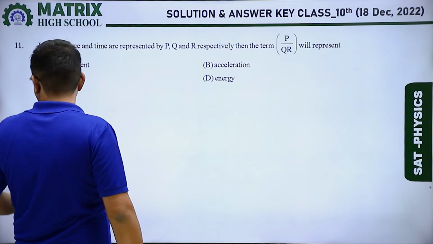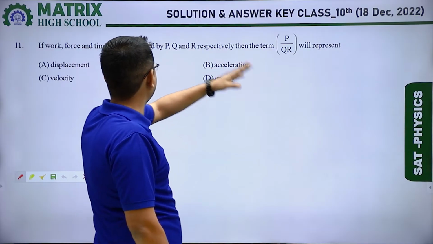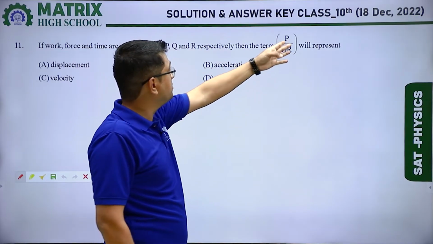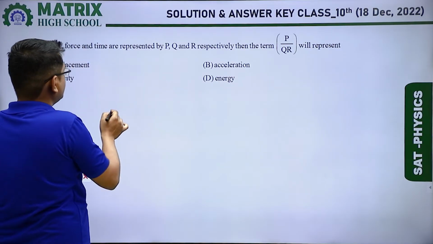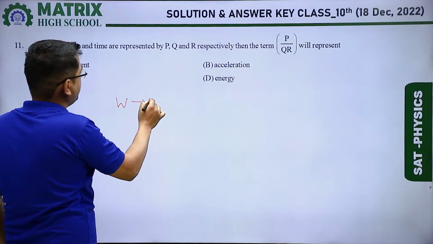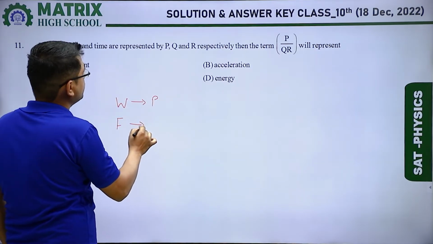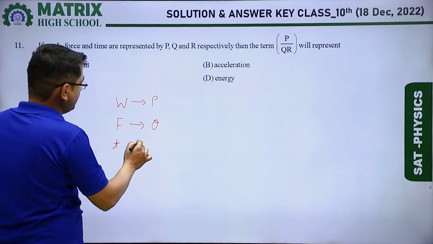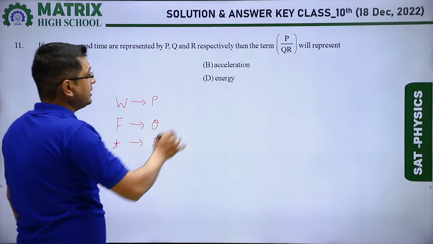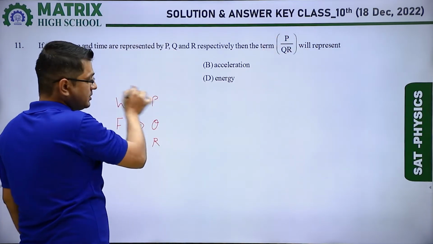Next question, question number 11. If work, force, time are represented by P, Q, R, then the term P upon QR will represent? So let us see, work, that means W, is denoted by P, force, that is F, is denoted here by capital Q, and time, that is small t, is denoted by R. Now let us check, we will decode this formula in this situation.